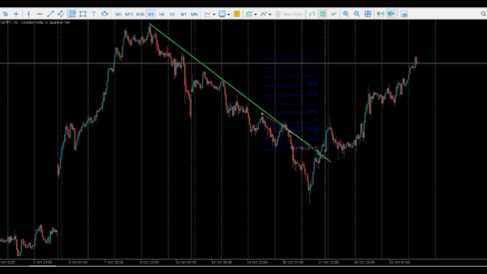Once you draw your fib, you make sure that the price is touching the trend line in an area which is above 50% fib. This is 50% fib.